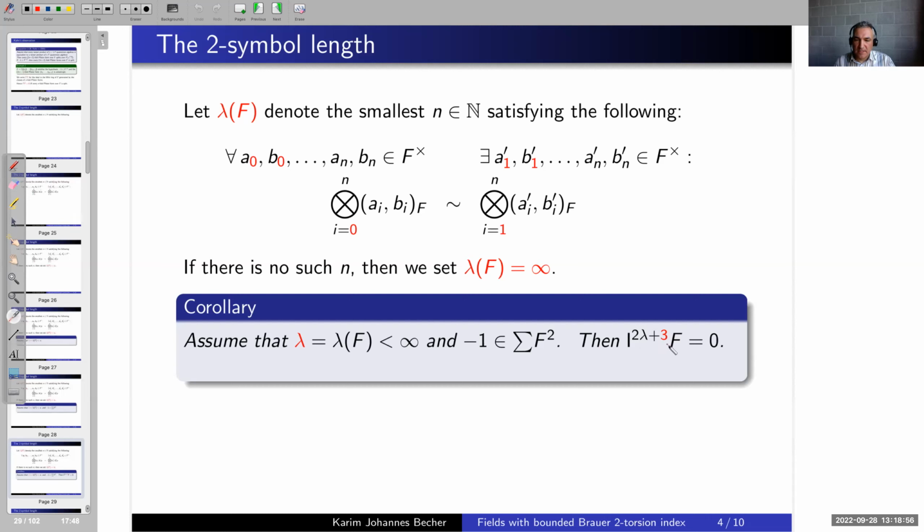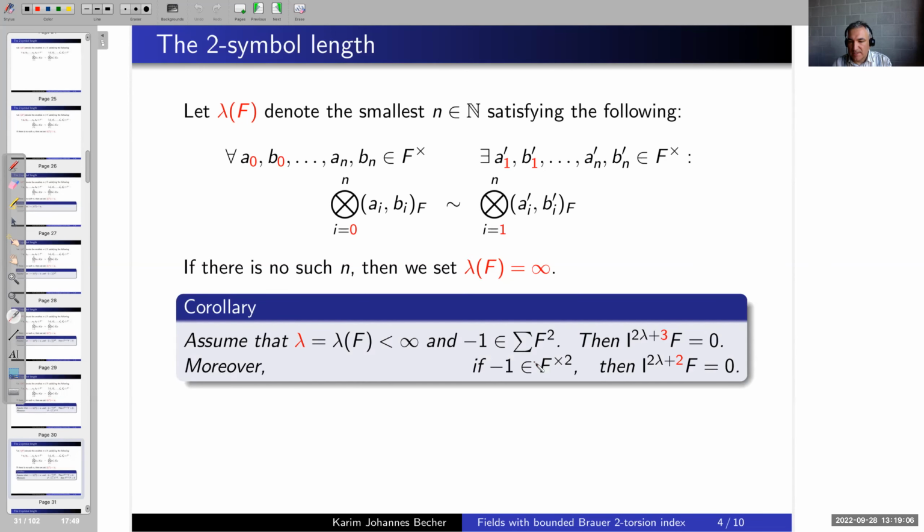But notice also that we assumed a bit less than what was assumed on the last page. If -1 is actually a square, then it is really the I to the 2 lambda plus 2nd power which vanishes. So what is here in the last line corresponds exactly now in the new terms to the statement that I had on the last page. So if you know this lambda, such that we can shorten these tensor products of quaternion algebras, and -1 is a square, then the 2 lambda plus 2-fold Pfister forms are split.